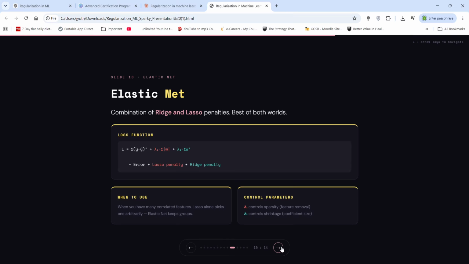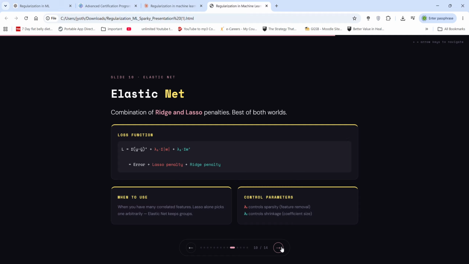And when do you use this? When you have many correlated features. As we have explained in the earlier section, what is correlation? When we have many correlated features, we use elastic net, whereas lasso alone picks one of the correlated factors, and ridge keeps them.